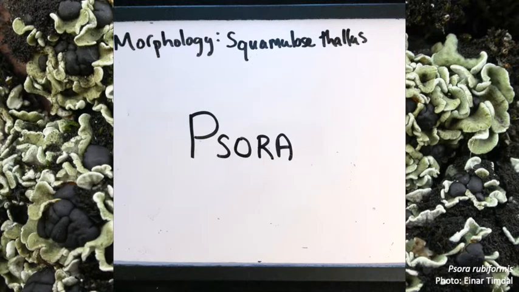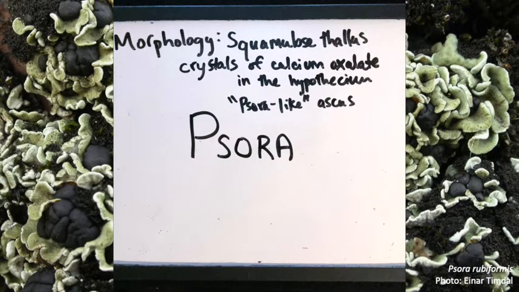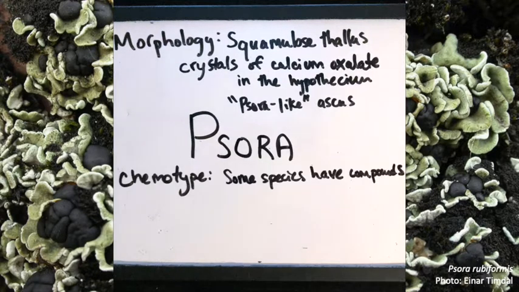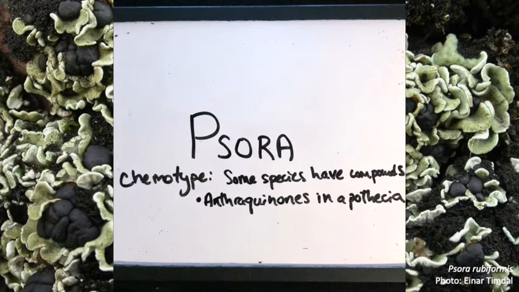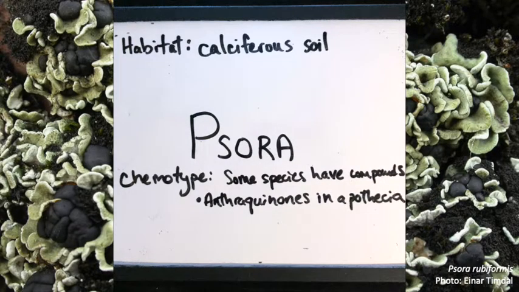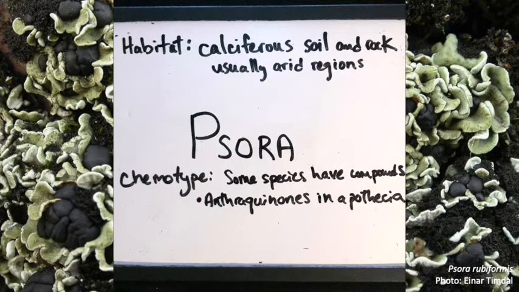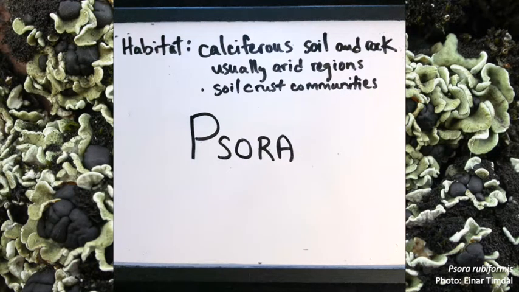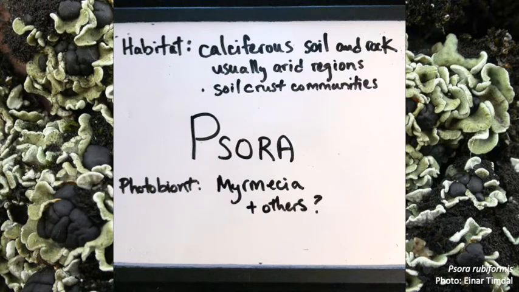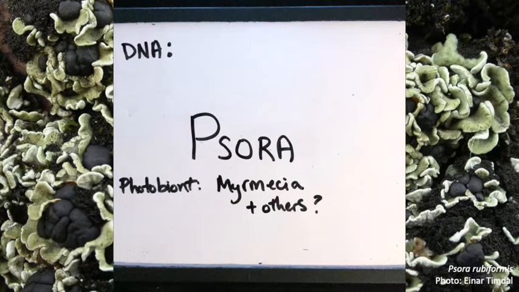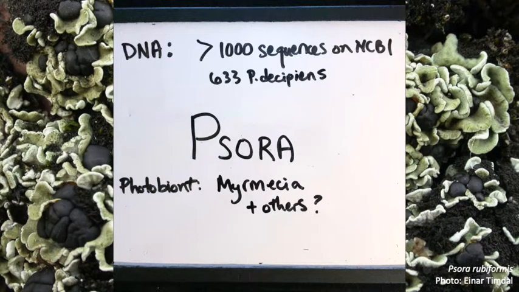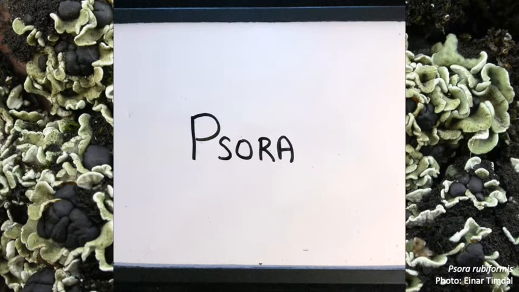Some Psora species have secondary compounds in the thallus, and all have anthraquinones in their apothecia. Psora live in arid regions on calciferous soil and rock. They associate with the photobiont Eremastrella and potentially others. They also have been well studied with over 1,000 sequences available on NCBI.